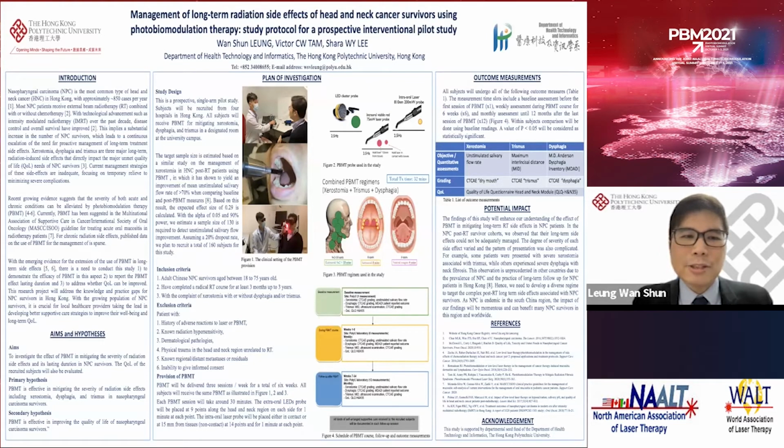Recent evidence has also been suggesting that the severity of chronic conditions can be alleviated by PBMT. However, we also noticed that published PBMT data for chronic radiation side effects is still sparse. Therefore, there is a need to conduct this study to demonstrate the efficacy of PBMT in this aspect.